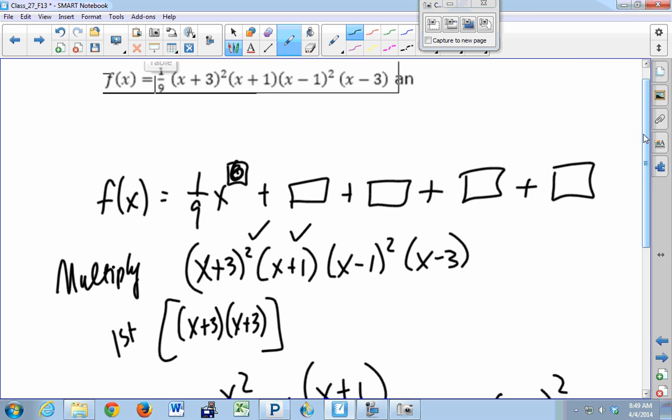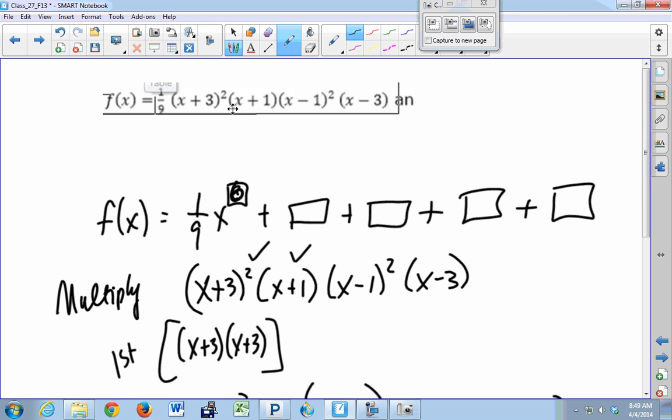So how are you going to figure that out? How can you figure out from looking at the factored form that your polynomial form would be degree 6? What could you do? Square terms each have 2. All right, so these each have 2, so you add those together. 2 plus 2, what do you get? 4. And what about those other factors there?